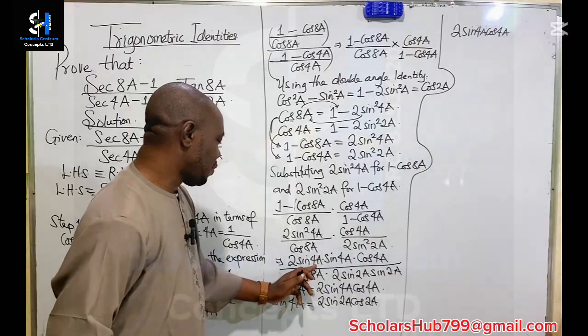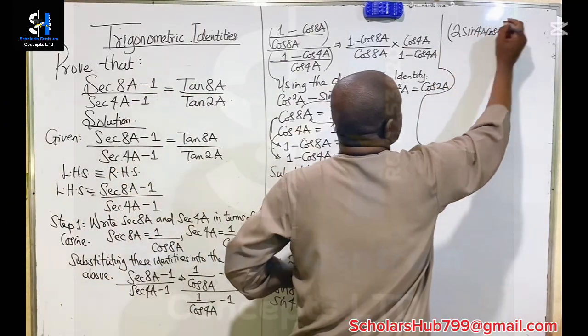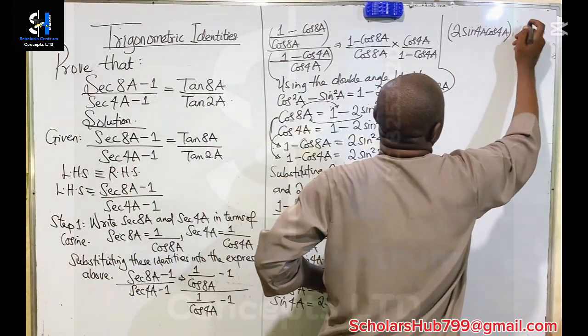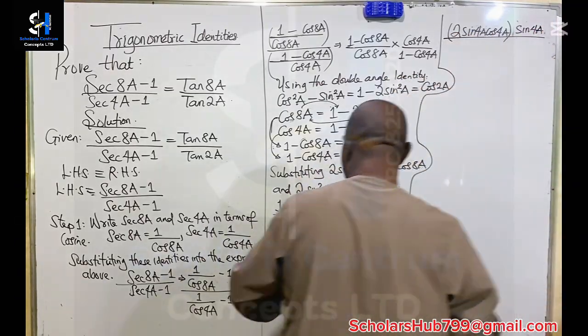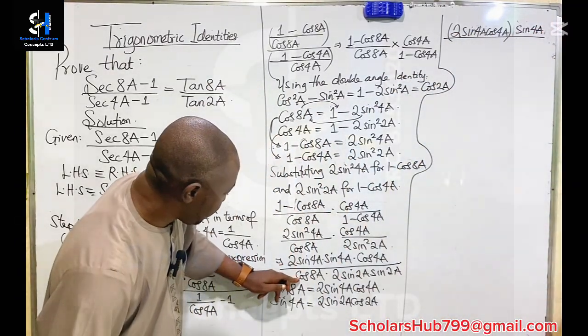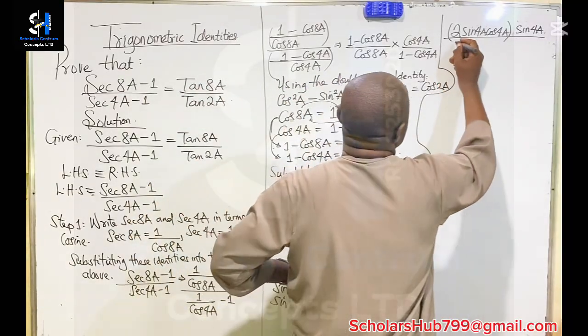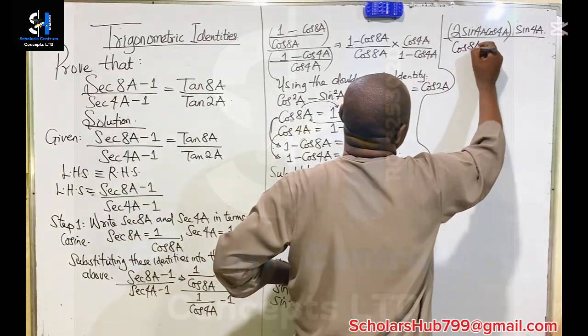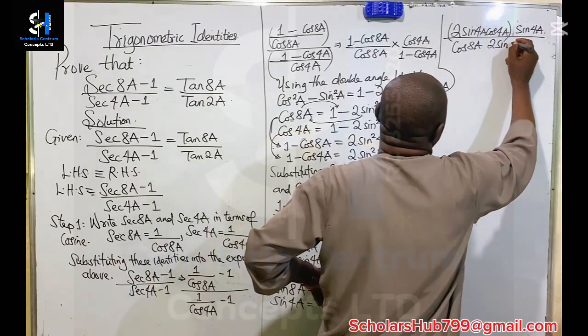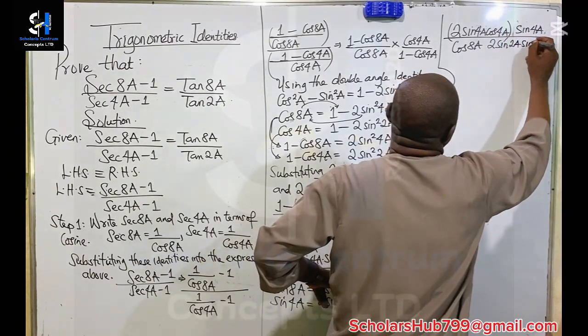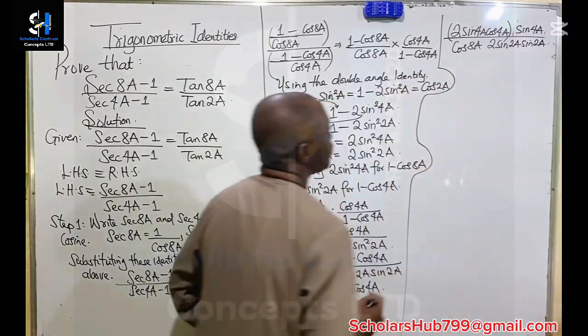Remember, we have sine 4a, sine 4a, so this is in brackets. Then we have sine 4a all over, and in the denominator we have cos 8a. Then we also have 2 sine 2a sine 2a.